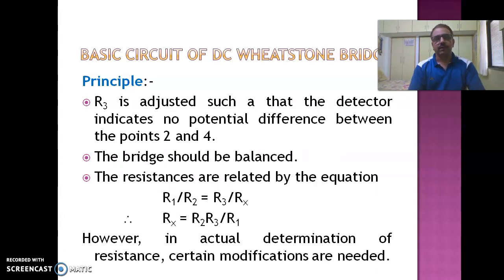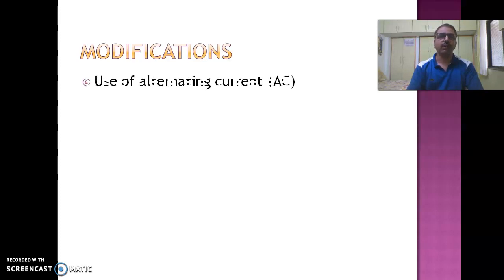However, in actual determination of the resistance, certain modifications in this DC Wheatstone bridge are needed. So what are those modifications? We will see them one by one. First, use of alternating current. The basic circuit we have just seen is a DC circuit, but we never use DC for resistance or conductance measurements.